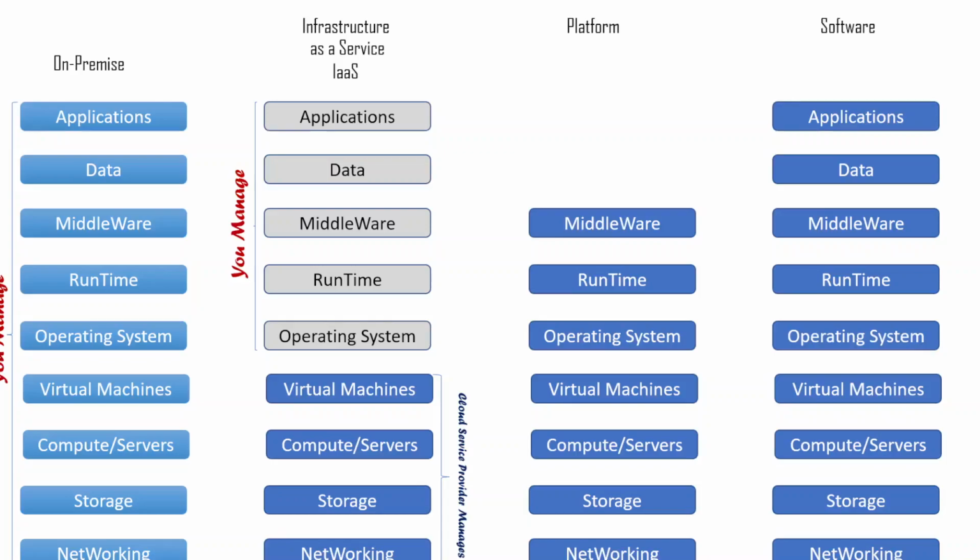This all can be stored at the cloud. They will take care of networking, servers, virtual machines. It all will be part of infrastructure as a service. You can take the subscription for virtual machines and install as per your requirement. So we will call it IaaS.